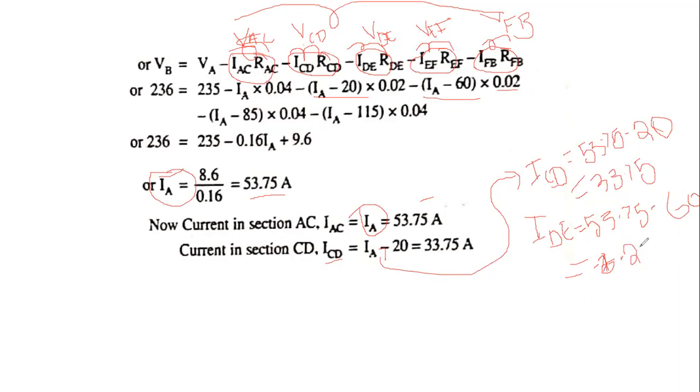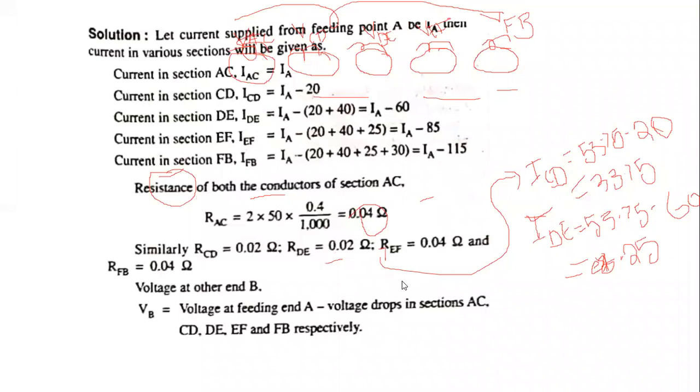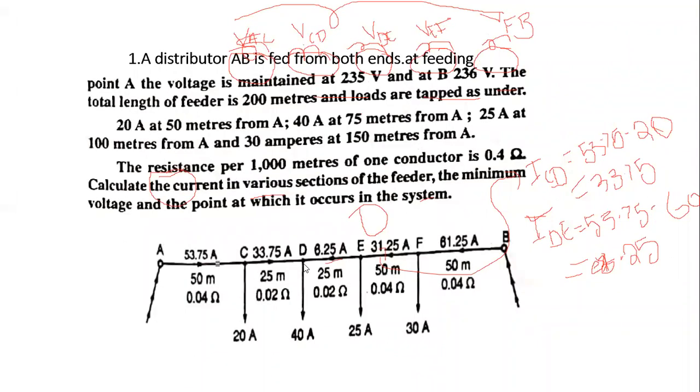When we obtain a negative value while calculating the current at that section, the minimum voltage will be obtained at point D. In that figure at point D, we can change the direction.